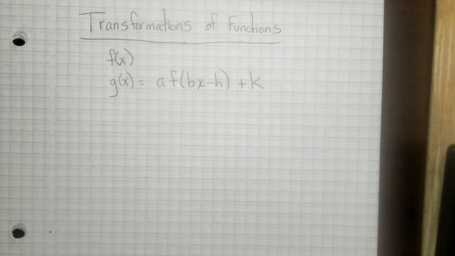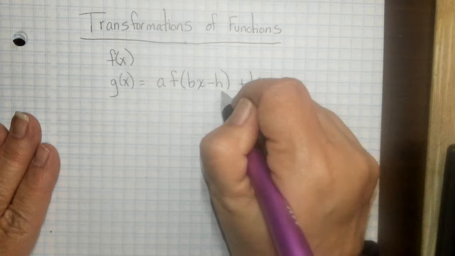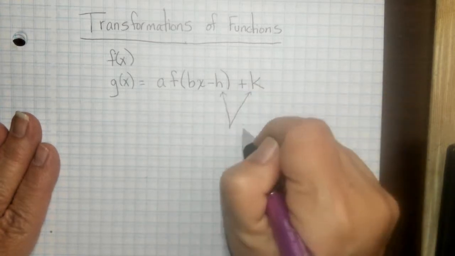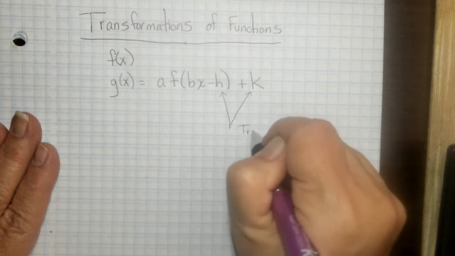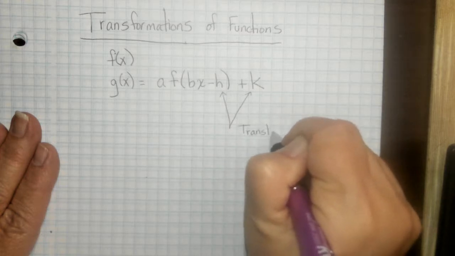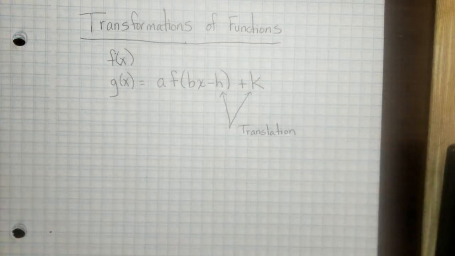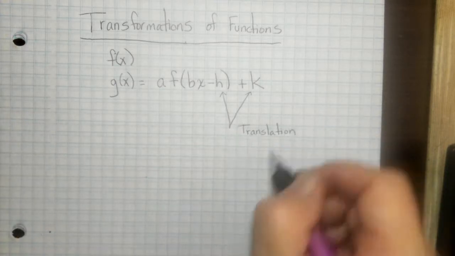This then shows me the location of each of these different variables, and each will produce a different movement in the function. So the h and the k are both going to produce translations. So the graph will translate.